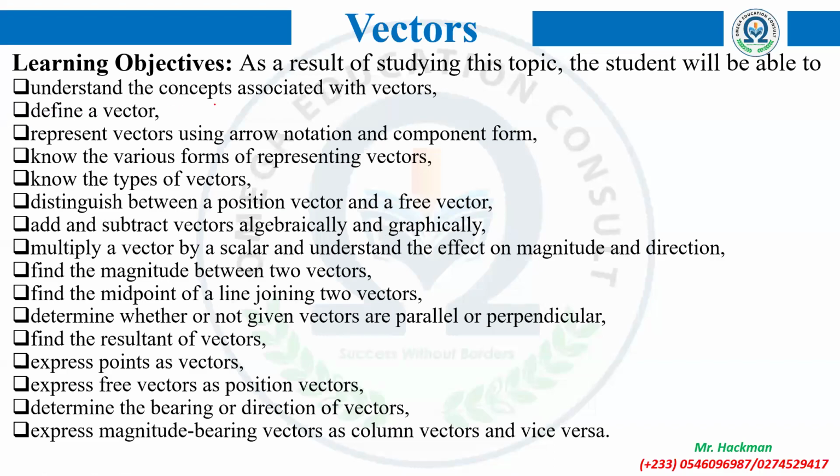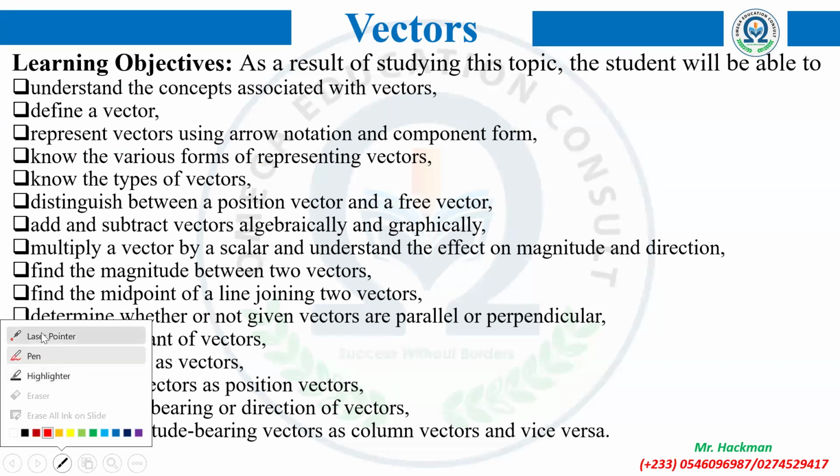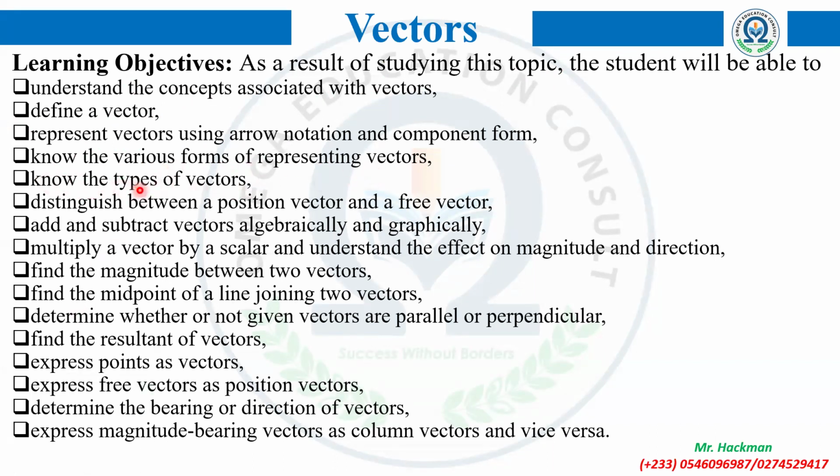By the end of this lesson, the students will be able to understand the concept associated with vectors, define a vector, represent vectors using arrow notation and component form, know the various forms of representing vectors, then know the types of vectors, distinguish between a position vector and a free vector, add and subtract vectors algebraically and graphically, multiply a vector by a scalar, and understand the effect on magnitude and direction.